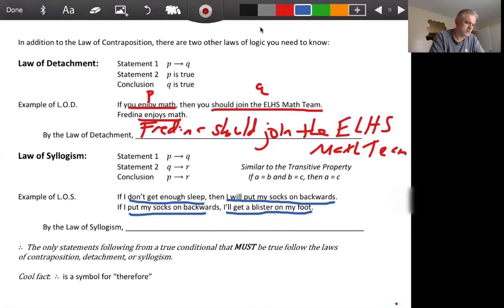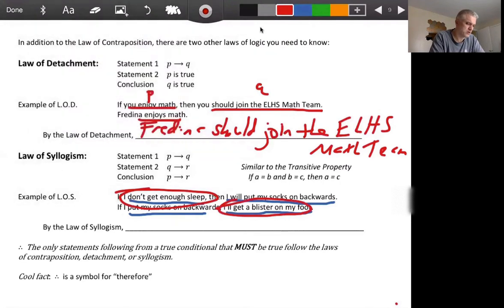So by the law of syllogism, I can say if I don't get enough sleep, then because I'm going to have my socks on backwards, I'll get a blister on my foot.